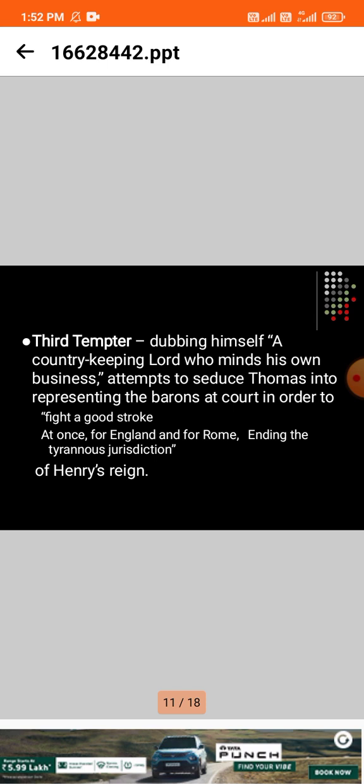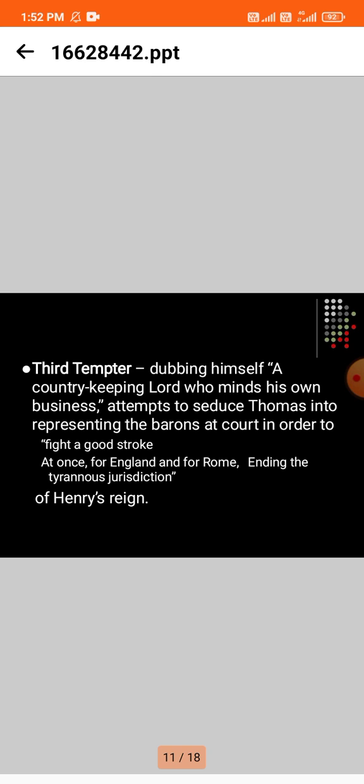The third tempter's famous dialogue, dubbing himself a country-keeping lord who minds his own business, attempts to seduce Thomas into representing the barons at court in order to strike a good stroke at once for England and for Rome, ending the tyrannous jurisdiction of Henry's regime.